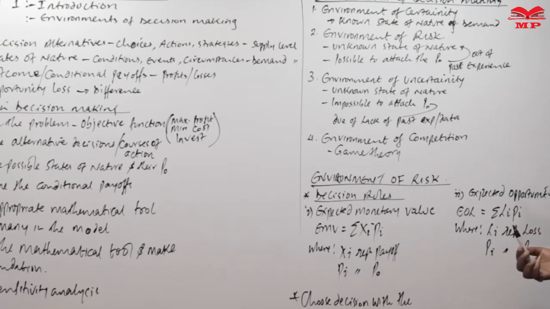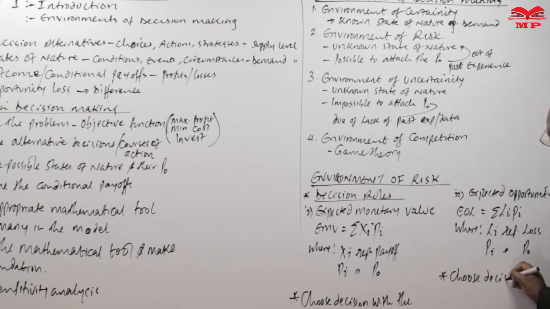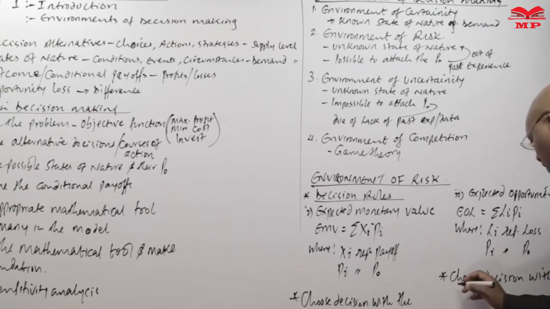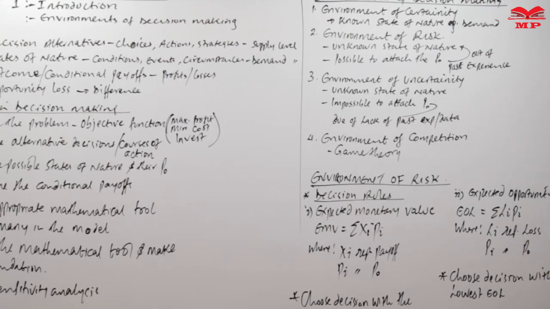Meaning the opportunity loss that we may make, we multiply by the respective probability, and therefore we get the EOL. Then our decision here: choose the decision with the lowest EOL. So we choose that decision that has the lowest EOL, and therefore those two are our main decision rules. We follow the two.